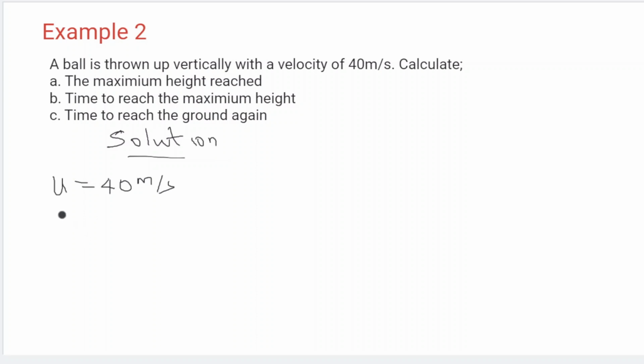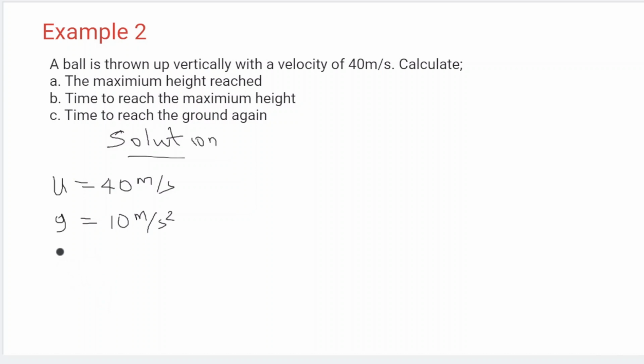We have g. g is not given, but we are going to use g as 10 meters per second square. So even if you are not given g, just know that g is 10, so you use it for the calculation. And then we have v.